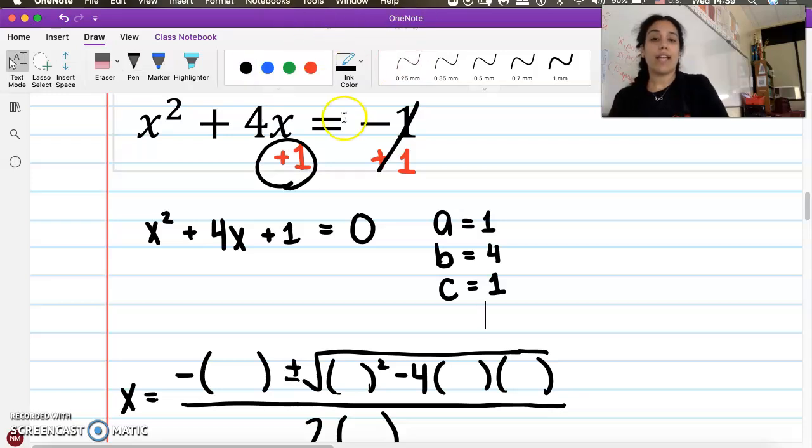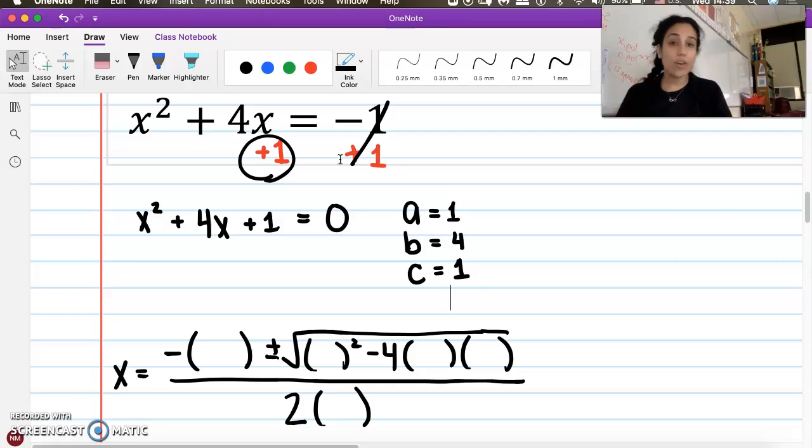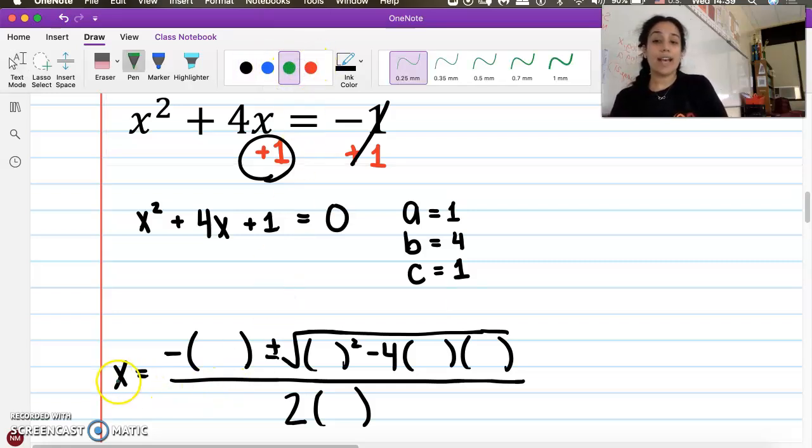Notice how I already have this written down just to save time, so this is not a 20-minute long video. I have written down the quadratic formula with a bunch of blanks. So first things first is negative b. b is 4. So I'm going to write 4 here. Plus or minus the square root of b squared, 4 squared, minus 4ac. a is 1. c is also 1.